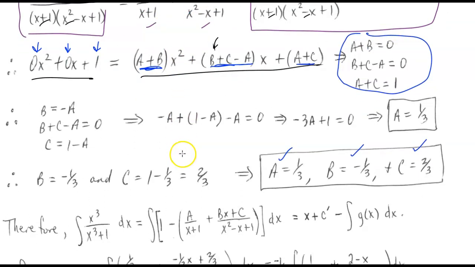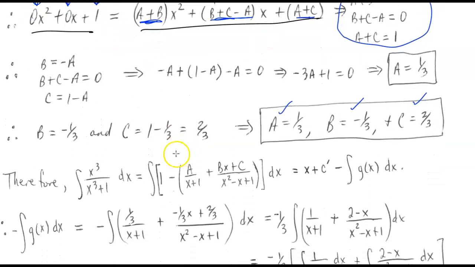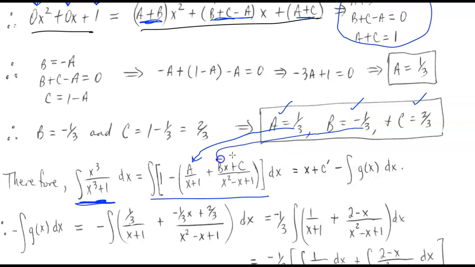So now what I do is I come here and say, this is what I was originally trying to work out. I know that I could rewrite it in this way where I needed to know what a, b, and c are. And so now I'm going to plug in a is 1/3, b is -1/3, and c is 2/3.